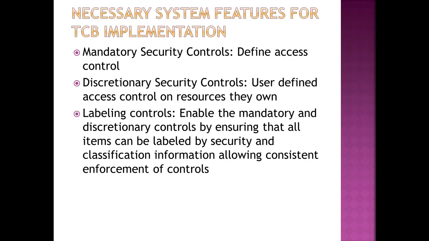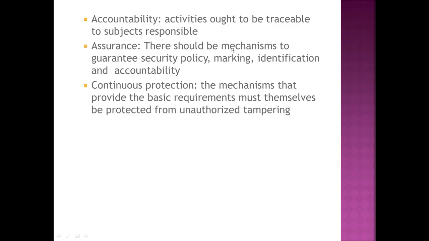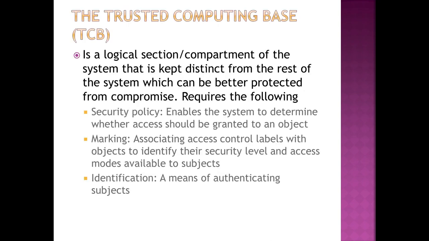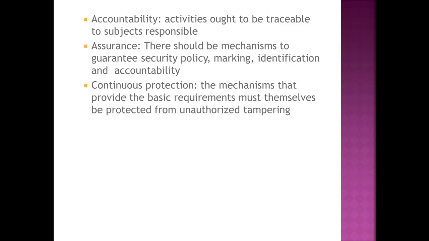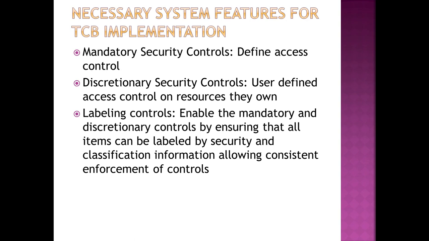So moving on, the features that would implement the things that you want, things like traceability, accountability, marking and identification. In order to implement those things, you need about three of them.